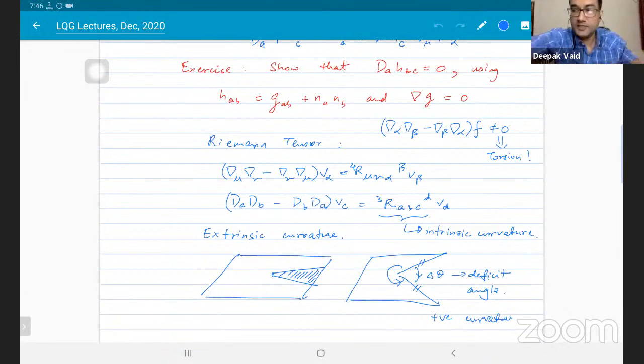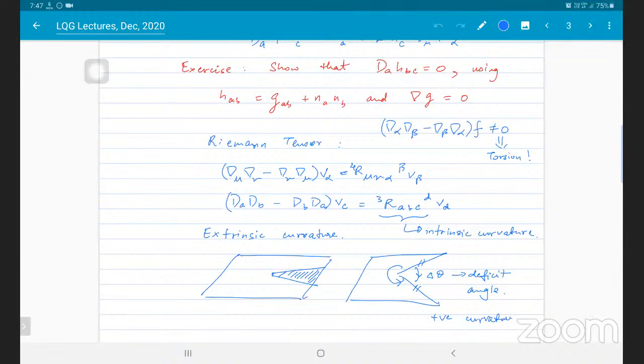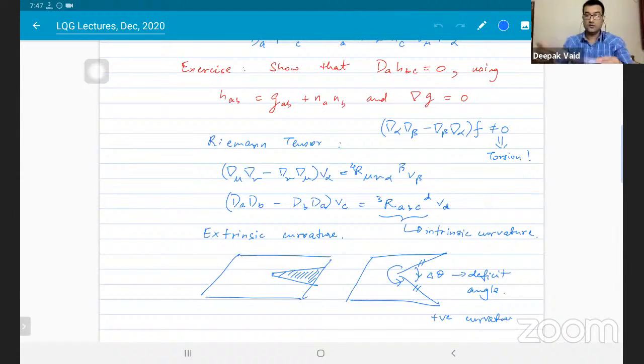So it's best illustrated with a real world example. Take a sheet of paper. I've taken a piece and removed it.